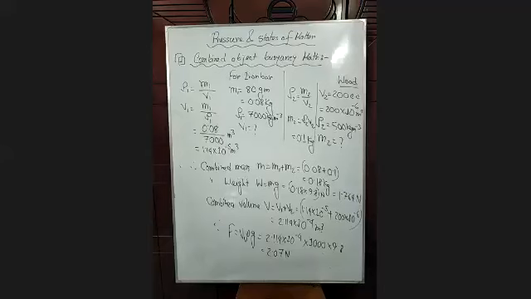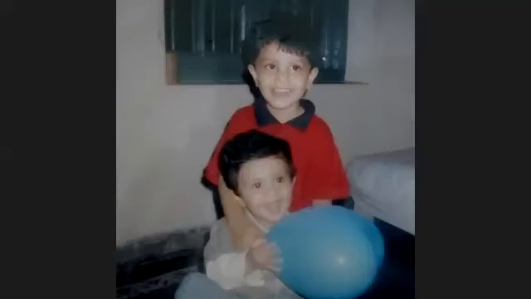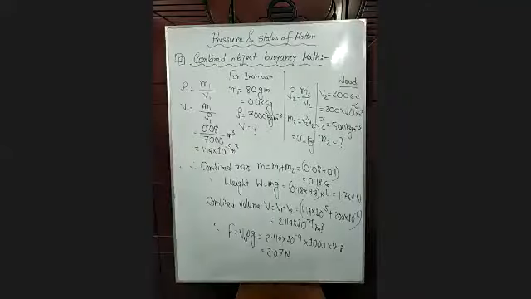A stone has a density of 5,000 kg per meter cube, and it is tied with another object which has a density of 800 kg per meter cube.